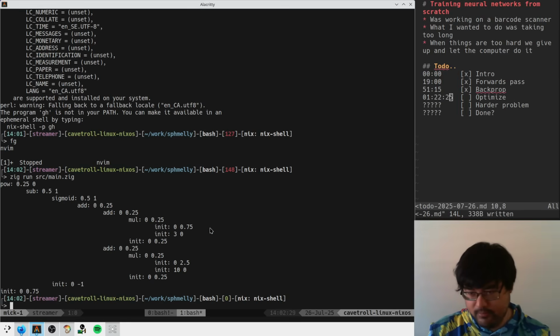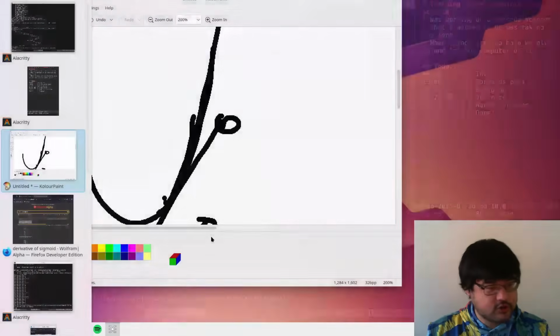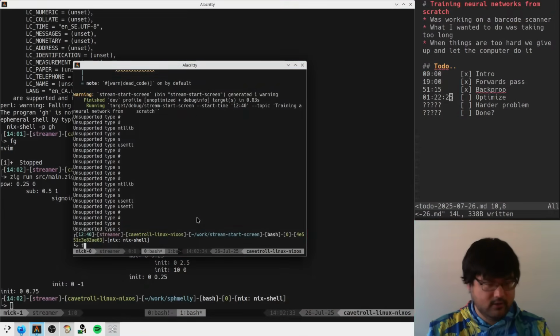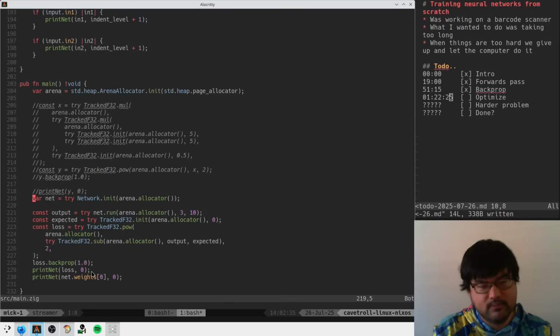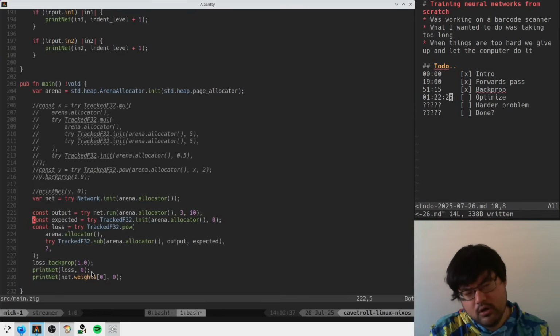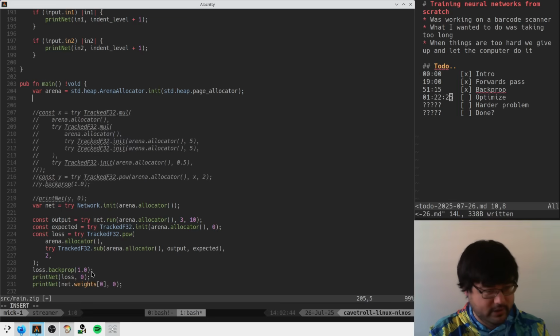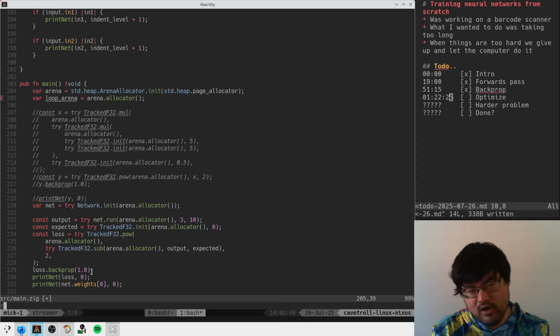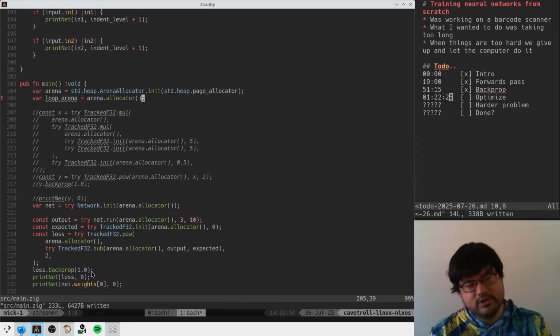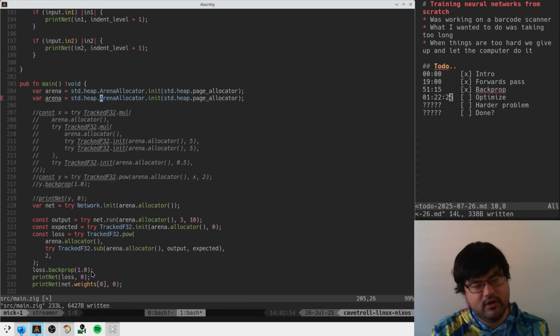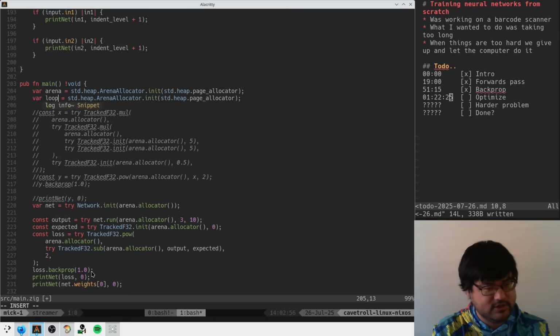And so let's do a training loop. Oopsies, wrong thing. Okay, first of all, say we have a loop arena. A lot of the calculations that we're doing here are going to live in one batch of allocations, all of this stuff per training loop.